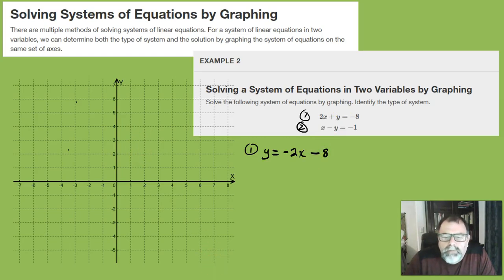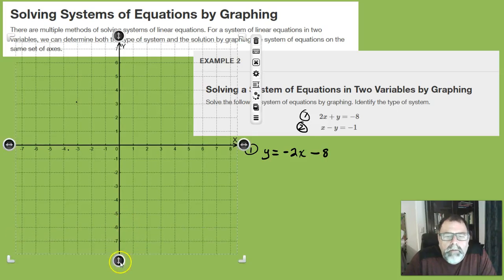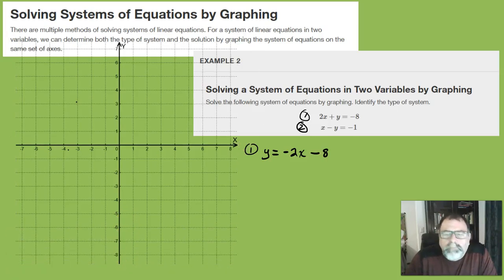Oops, I need to make my graph a little bit bigger. So it crosses the y-axis at -8, and then my slope is -2. So I can write it as -2 over 1 or 2 over -1.